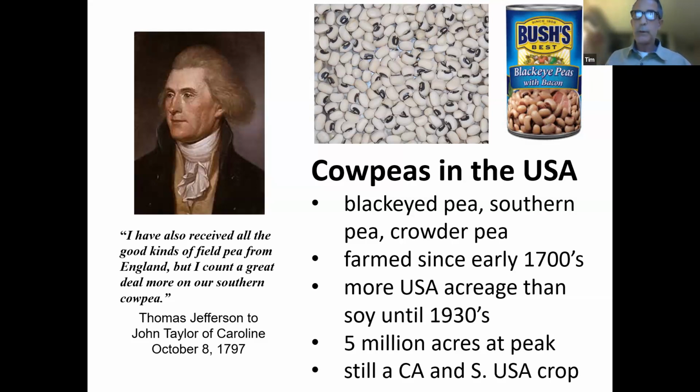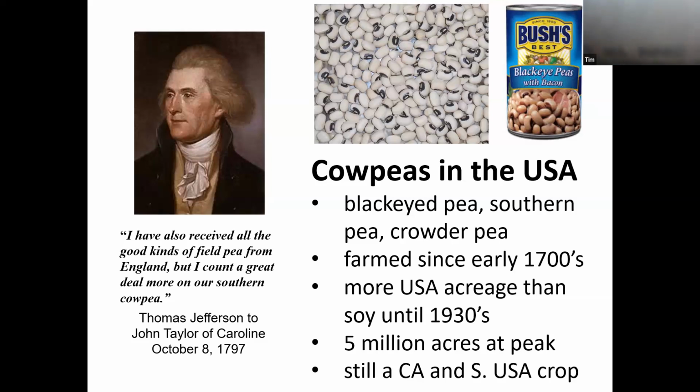As noted here, the name cowpea seems to have come from a message from Vice President Thomas Jefferson, who later became President of the United States, to a former senator from Virginia, John Taylor, where he wrote, "I have also received all the good kinds of field pea from England, but I count a great deal more on our southern cowpea."